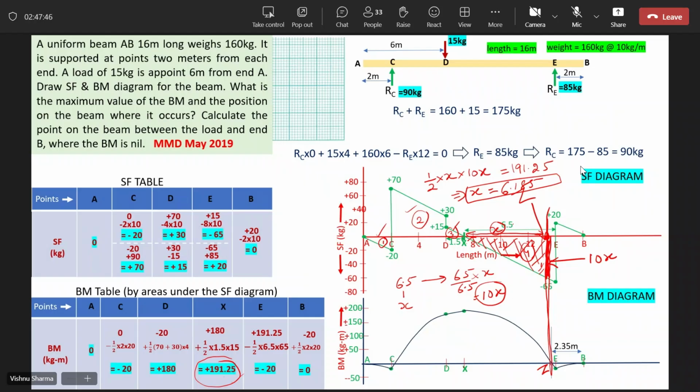You know the distance A to C, A to D, and D to X. All that you know, and to that you will add another 6.185. You'll get the distance from end A. If you want to give it from end B, you can. Choice is yours. But have you understood the method of calculation in case you want to get an exact answer?